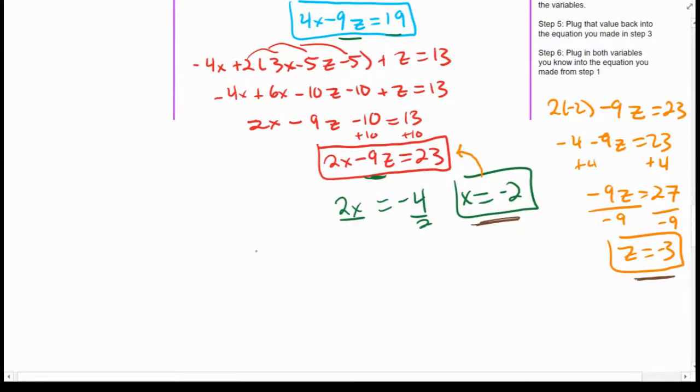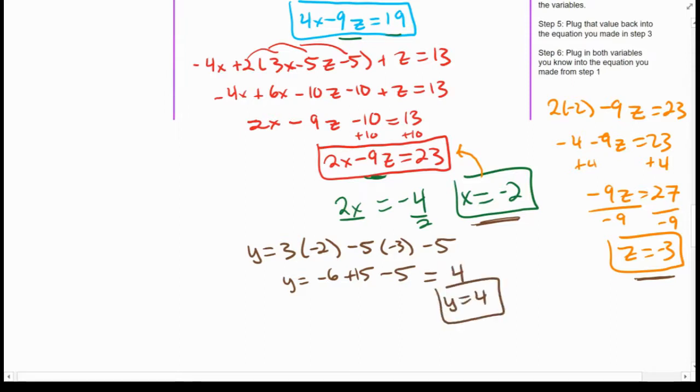I would have y equals 3 times x, which I know is negative 2, minus 5 times z, which I know is negative 3, minus 5. So y equals negative 6 minus negative 15. Actually, that's plus 15 minus 5. Add all that together to get 4. So y is equal to 4.